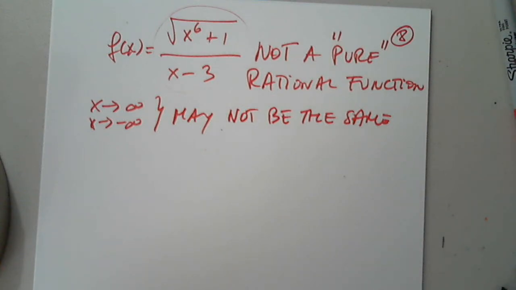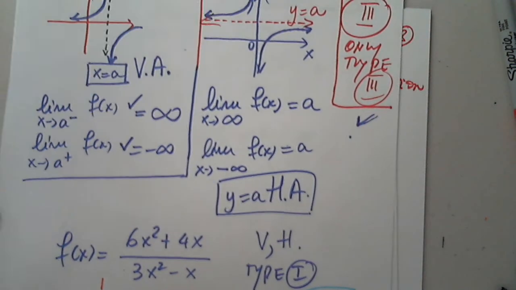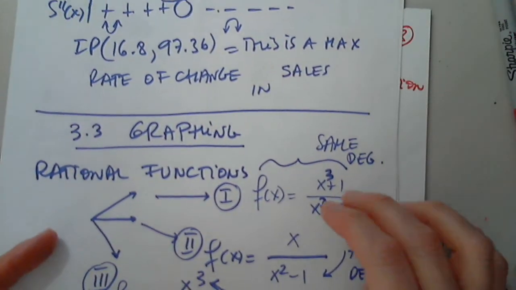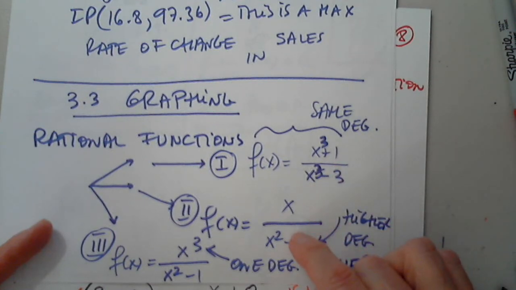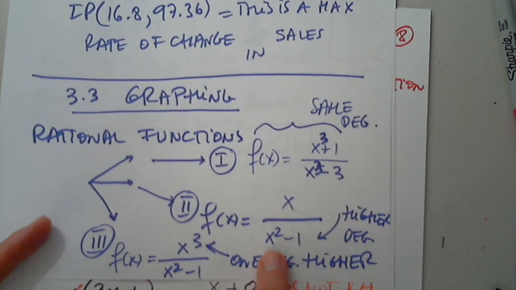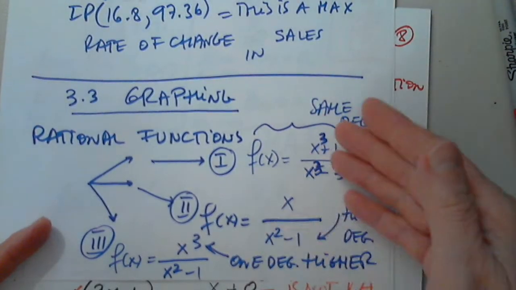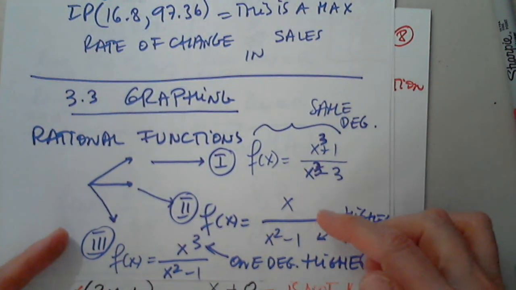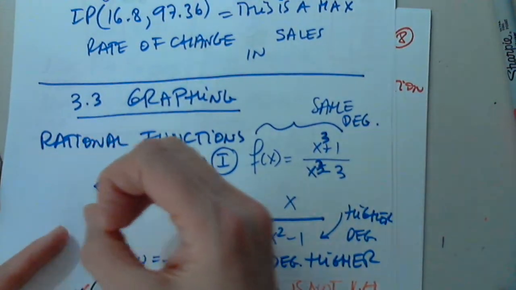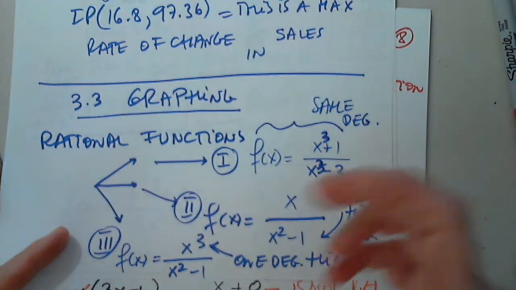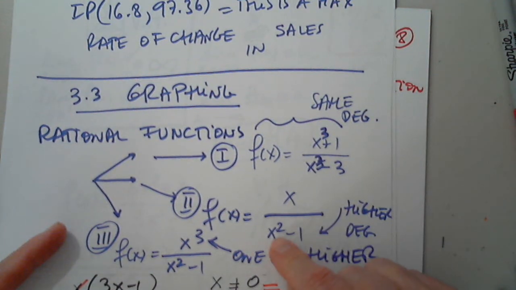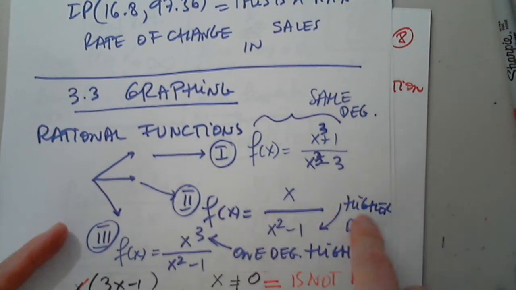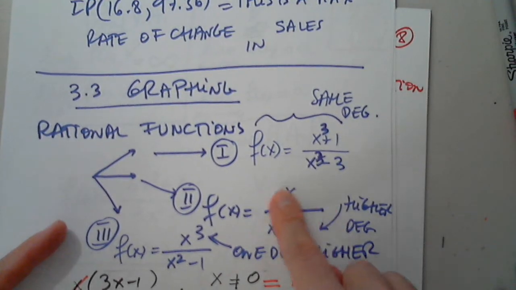Now we are ready. One thing I was going to mention, what is the difference between type, we looked at type 1. What is the difference with type 2? Since the degree in the denominator is bigger than the numerator, everything is the same, except the horizontal asymptote will always be 0. Both ends. Because this is so much smaller than this. So at infinity, the horizontal asymptote will always be 0 for this.